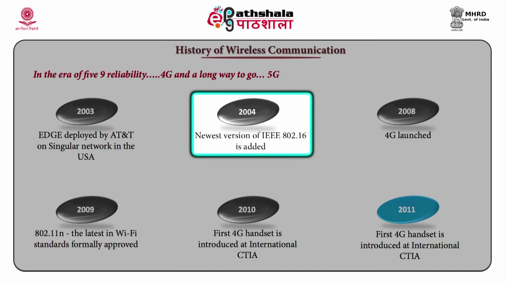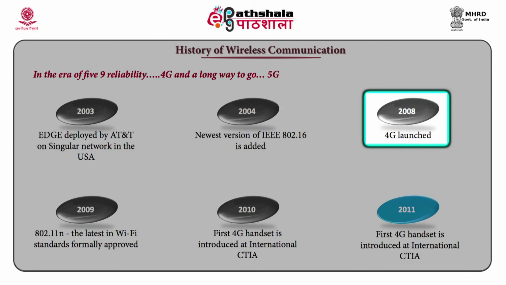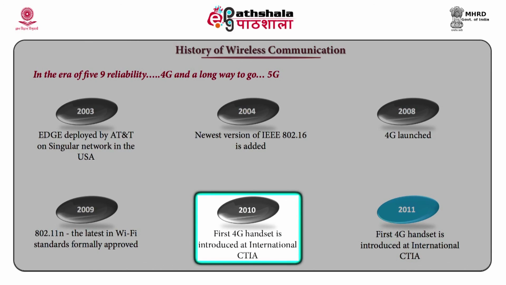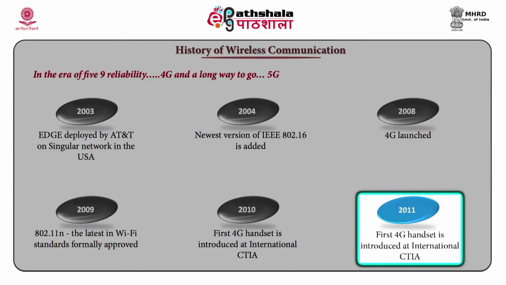Bluetooth specification 1.2 was released in 2003. 4G was launched in 2008, and in 2009 the latest in Wi-Fi standards, that is 802.11n, was approved. In 2010, IMT-Advanced was ratified by ITU and 4G communications were deployed all over. The first 4G handset was introduced at the International CTIA Wireless Show.